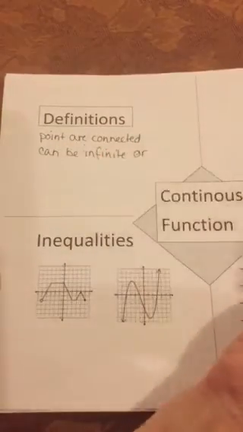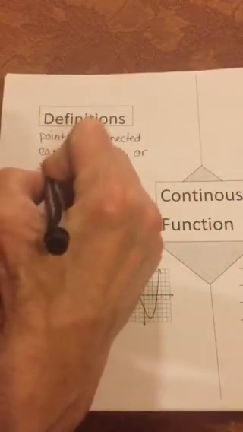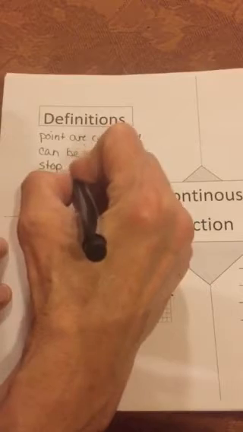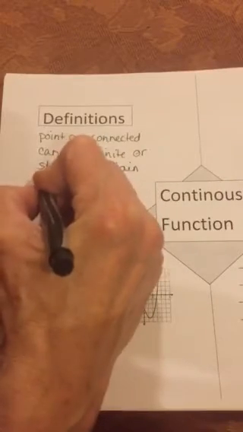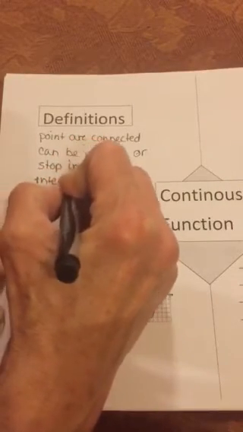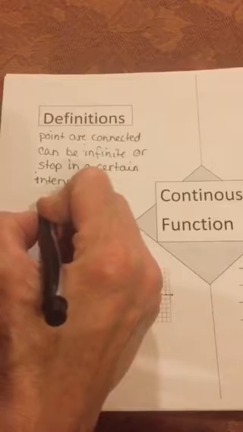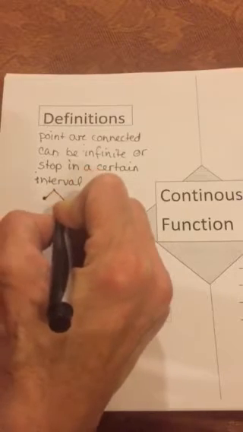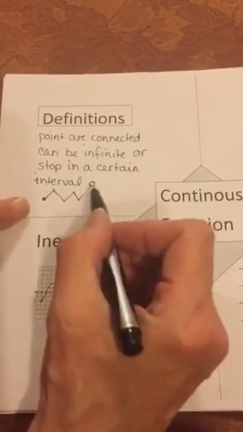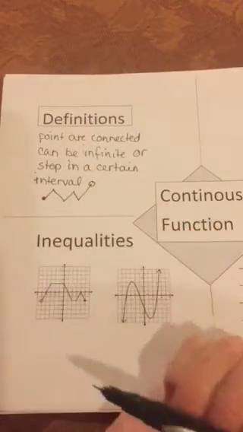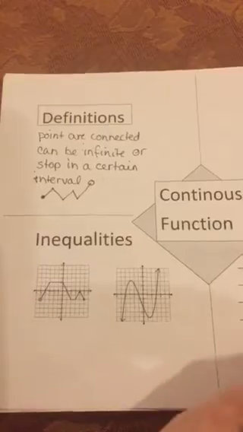Or it can be broken down or stop in a certain interval. So that means that maybe you got a point here and then it goes ding, ding, ding, ding, boom. And then you got another one up there. So that would be an interval. So it doesn't go on forever.